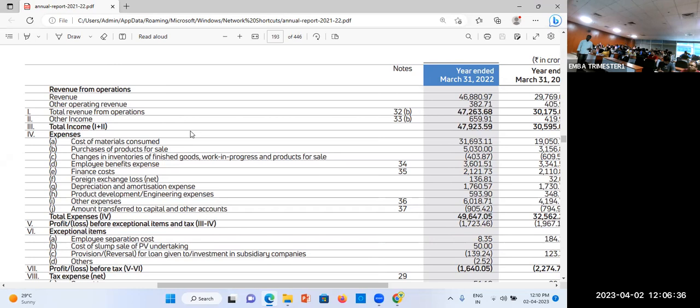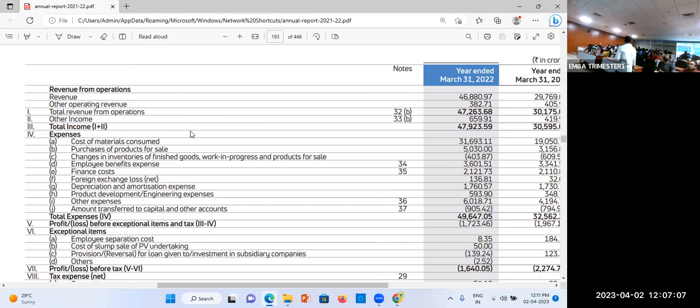Total income. Point number 1, Roman letter, is revenue from operation. Point number 2, Roman letter, should be other income. First one was total revenue from operations: main operation, and another one other operations. Then Roman letter 2, other income. If you take the total of Roman letter 1 and 2, it becomes total income.